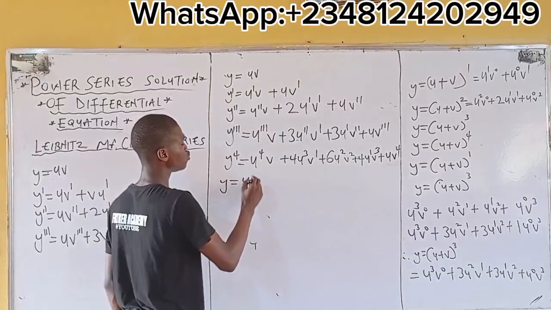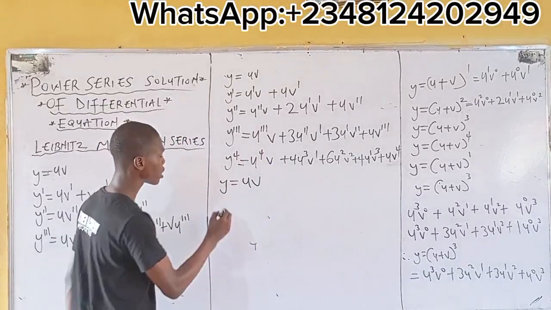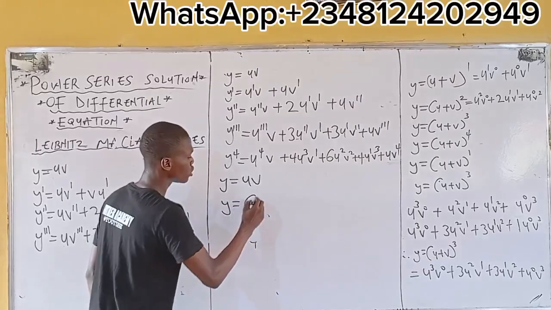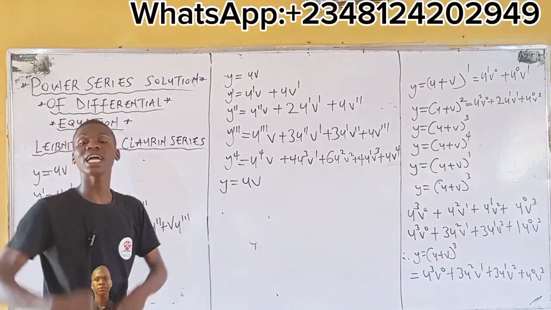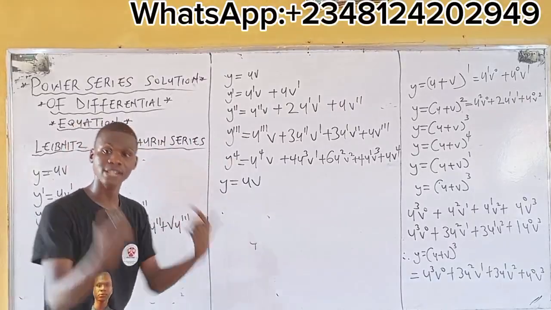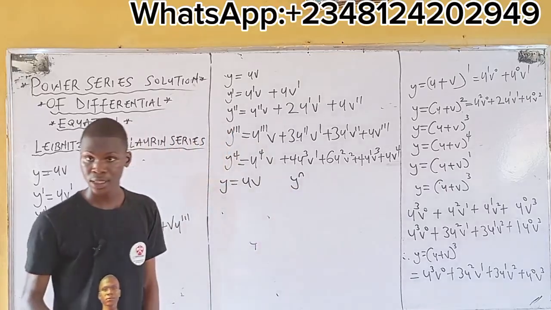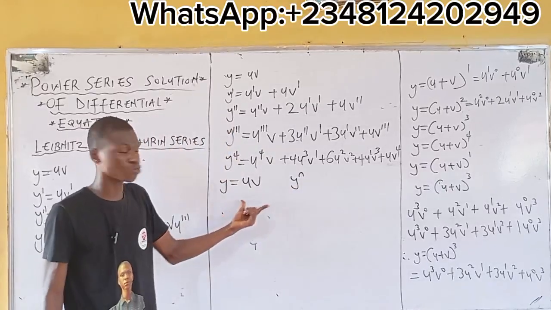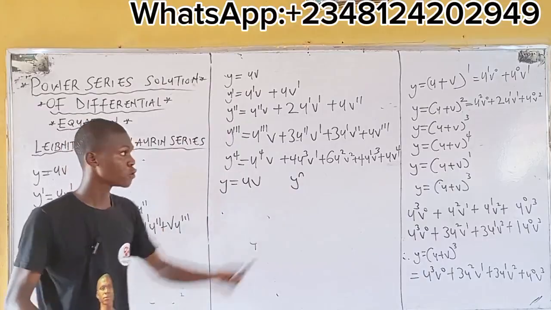y is equal to uv, this was the initial function given. Given that y equals uv, you want to find the nth derivative. By nth derivative, we are saying y raised to the power of n. Let's say you are given y equals uv. You want to find the first derivative using binomial expansion.